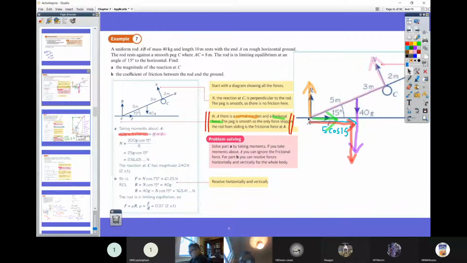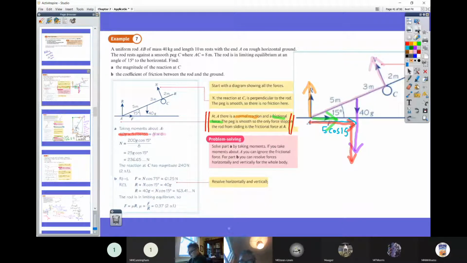We've got a uniform rod here, and if it were to slide down off this peg it's rested against, obviously the bottom of the rod would move to the left, so the friction is to the right. That's all the points I wanted to hook out from example 7.